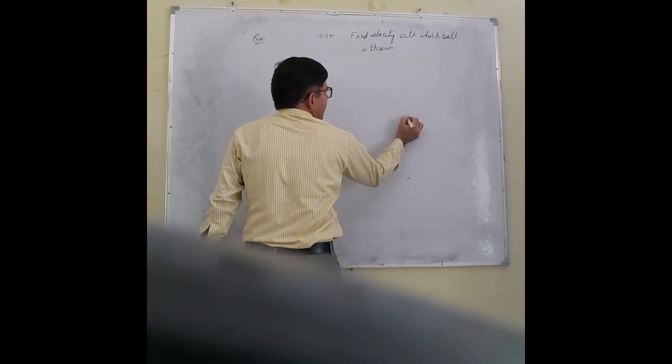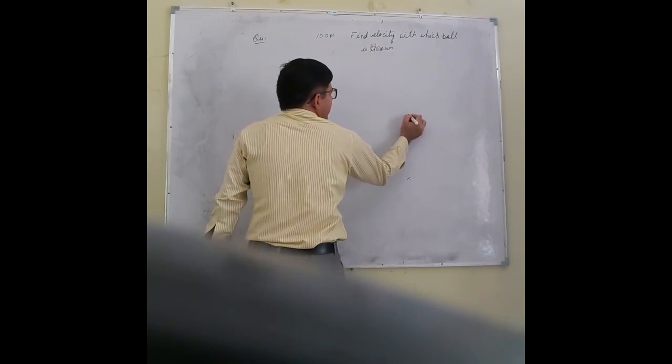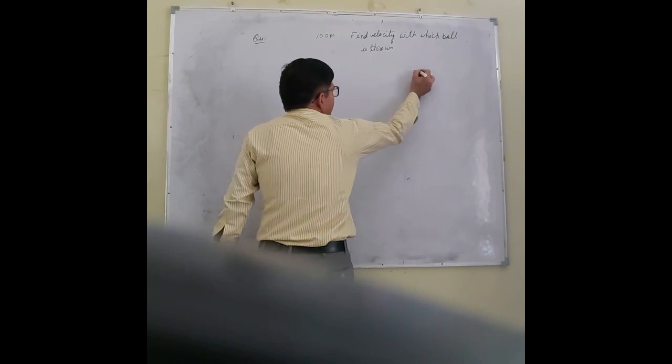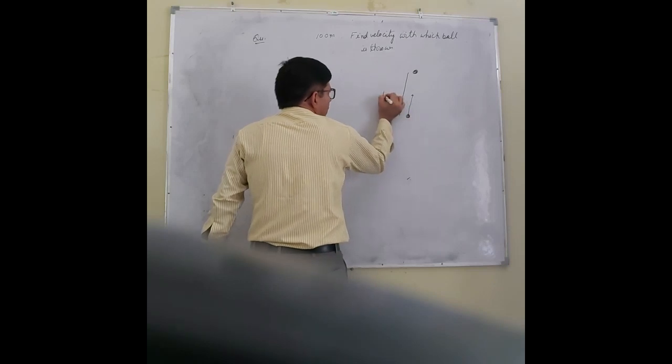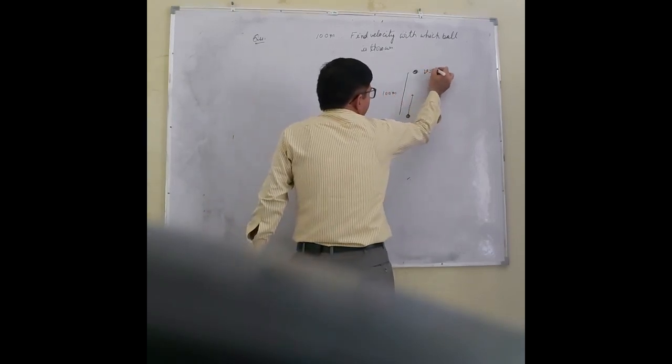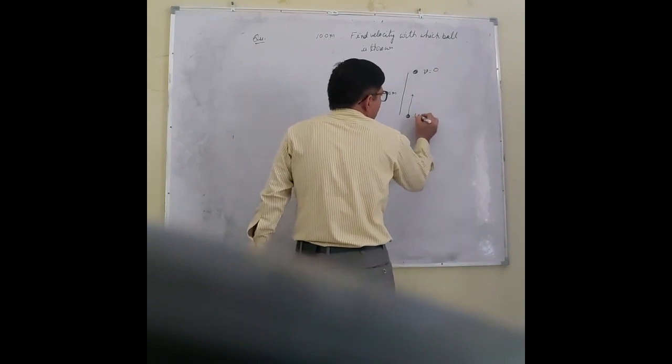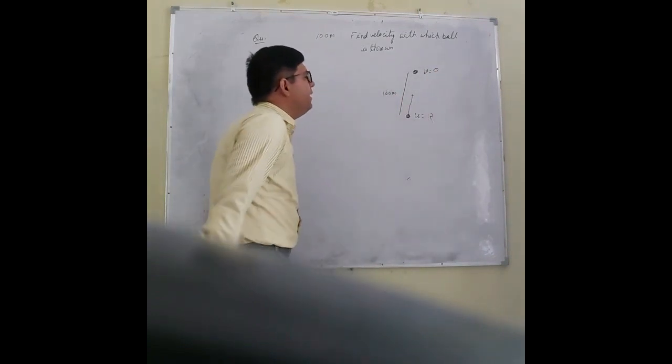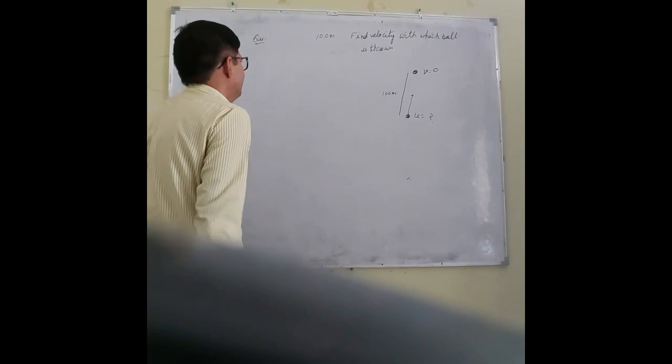What you are given here, this is the ball. Let us say it is thrown. It reaches a height of 100 meter. I know here velocity is 0, but initial velocity I have to calculate.